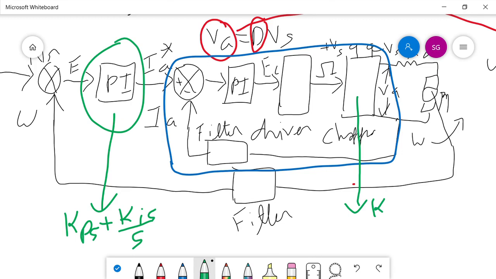Let us say Kc, the chopper constant, divided by 1 plus S T by 2, where T is the switching period of this chopper. So after this, the chopper will generate a VA at a particular D. This VA will actuate this DC motor.